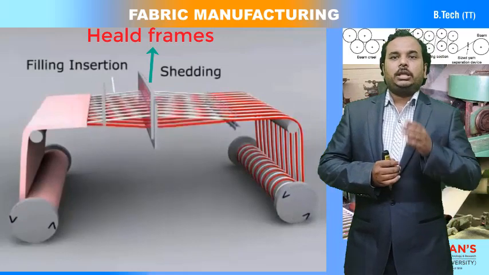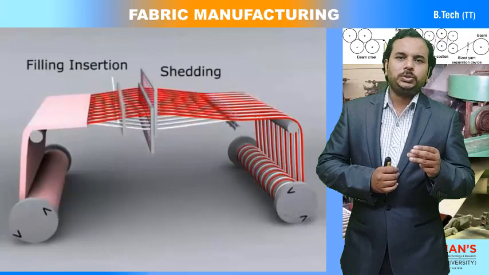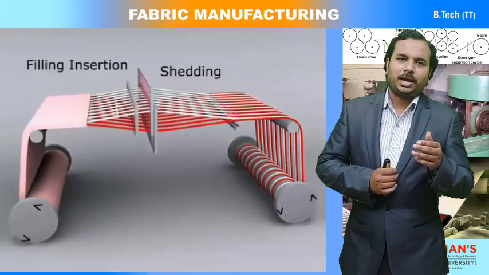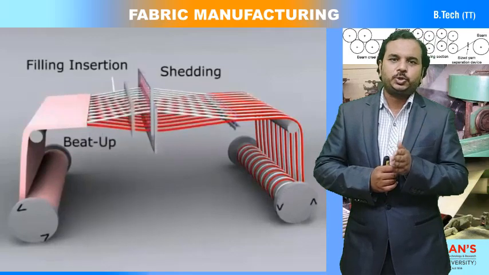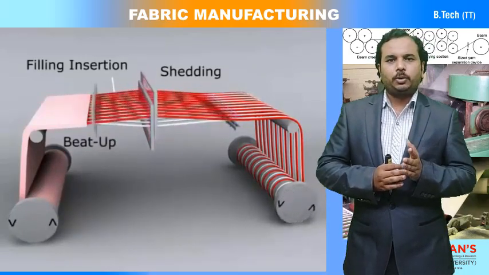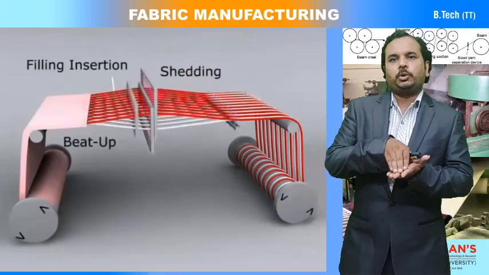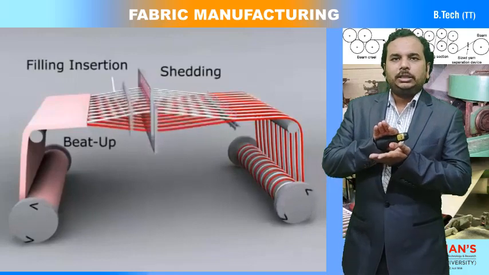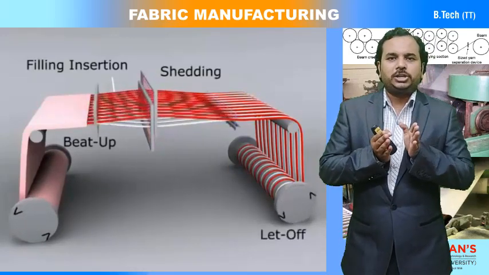Because the warp sheet is going to be divided into two sets. As I already told, to form the fabric, the warp sheet has to be divided into two layers. All odd ends are taken to the bottom side, and all even ends are taken upside, so that the warp sheet forms a small shed.